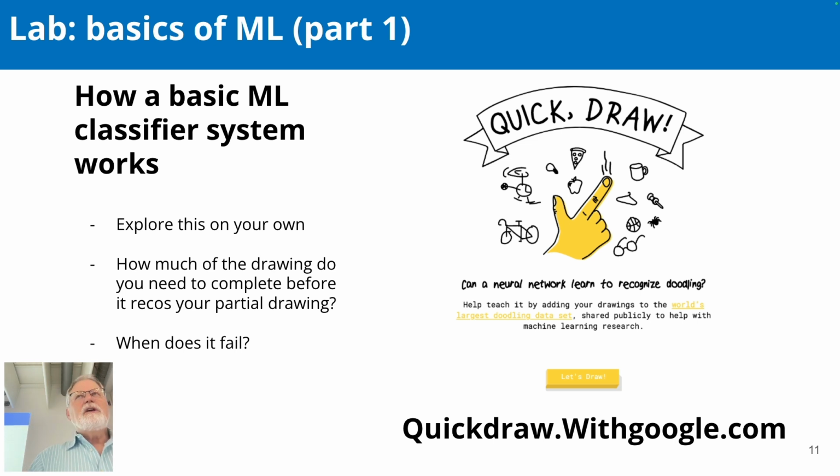So the key trick here, what's going on in QuickDraw, is it's got a big library of patterns, so sketches that people have made. So thousands of people have drawn a motorcycle. Thousands of people have drawn bananas or whatever it is, right? Would anybody else get something other than motorcycle? What else did you get? Clarinet.